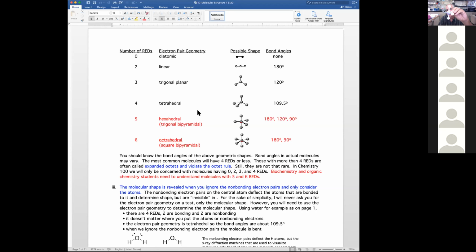And now the shape is seesaw, right? And it goes back and forth like that. If I take one more off, also from the equatorial, then I got T-shape, right? Like a T. If I take off one more, then it's linear.